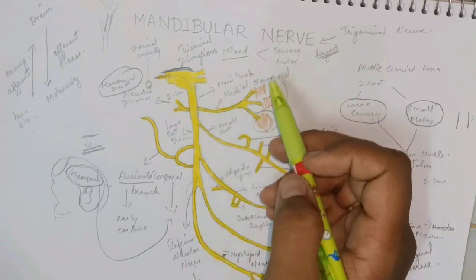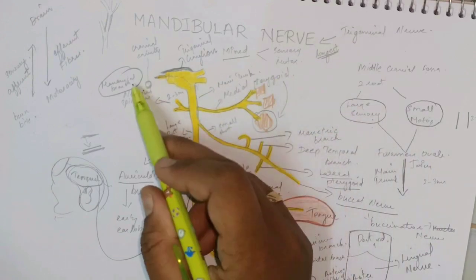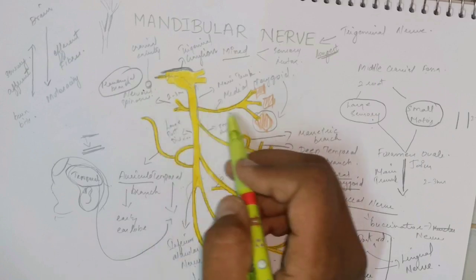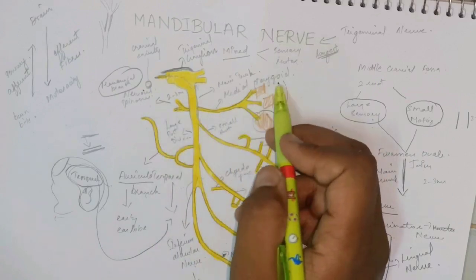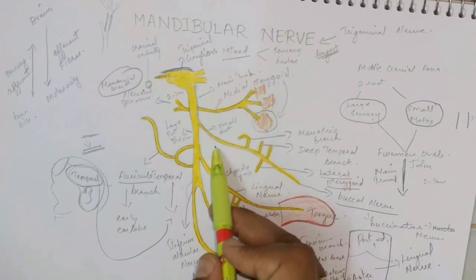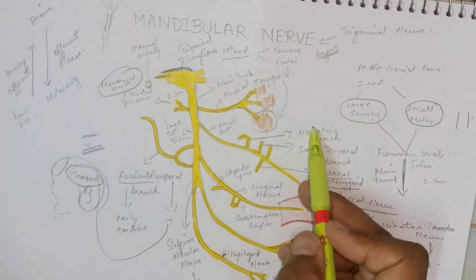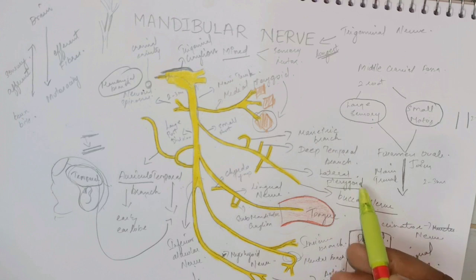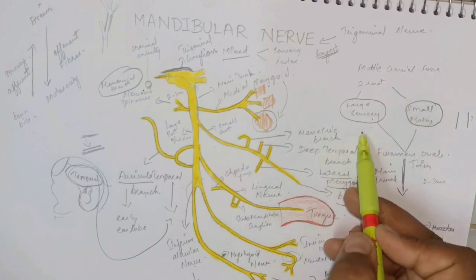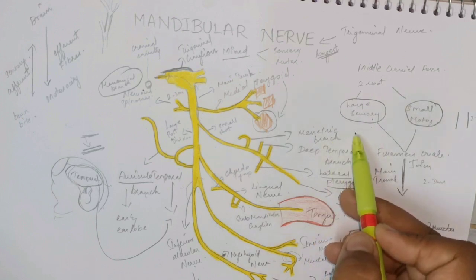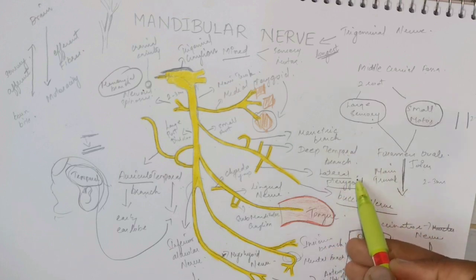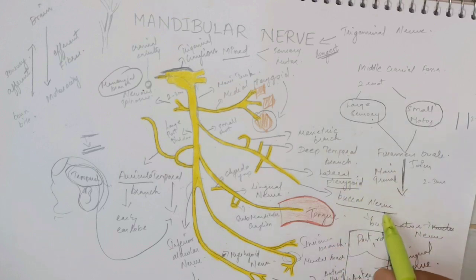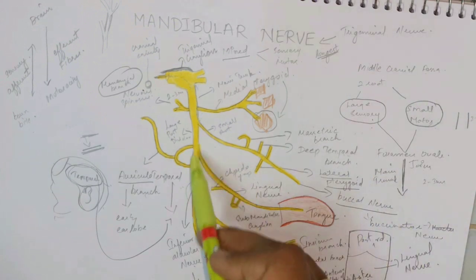This main trunk gives two branches: one is the meningeal branch or nervus spinosus, and the second is the nerve to medial pterygoid, which supplies the medial pterygoid muscle. The small anterior branch has four branches: masseteric, deep temporal, lateral pterygoid, which supplies the lateral pterygoid muscle, and buccal nerve, also called the buccinator nerve, which supplies the buccinator muscle.